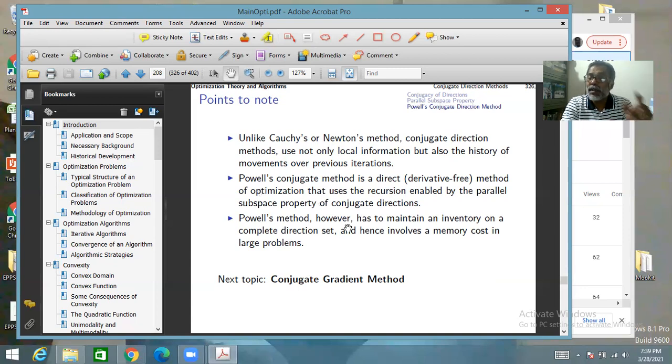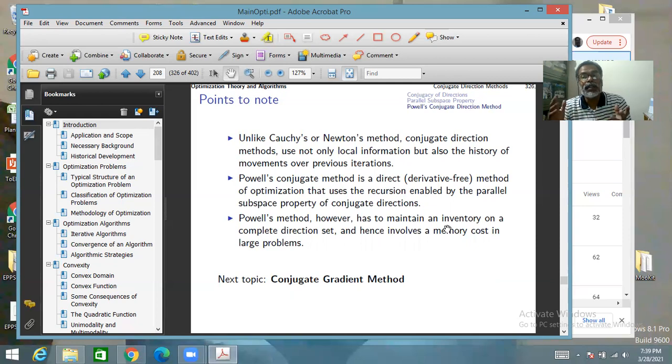However, Powell's method has one important cost, which these other conjugate direction methods will not have, and that is it has to maintain a set of n directions. N directions, each direction with n entries, will be equivalent to an n by n matrix storage.